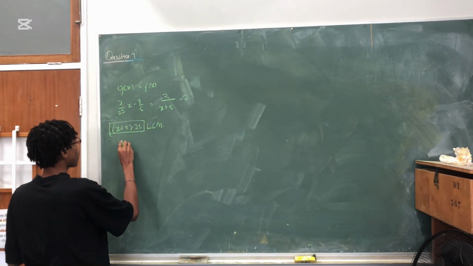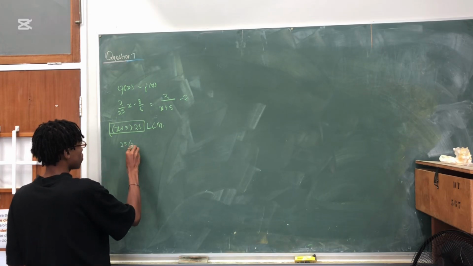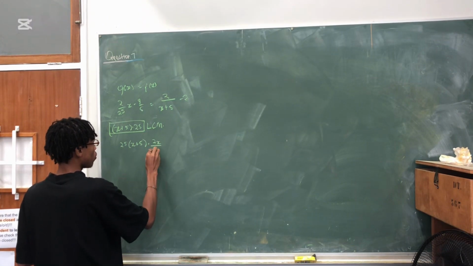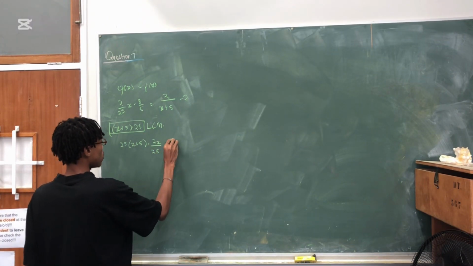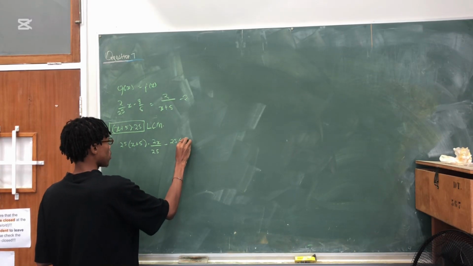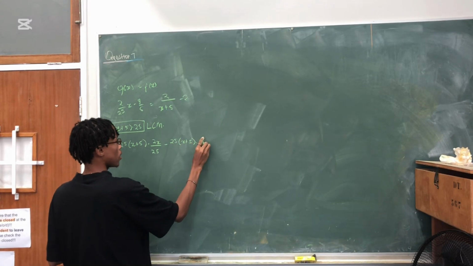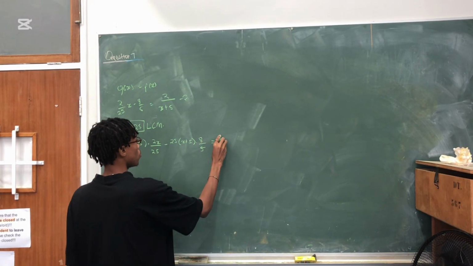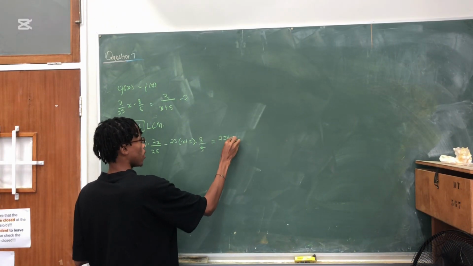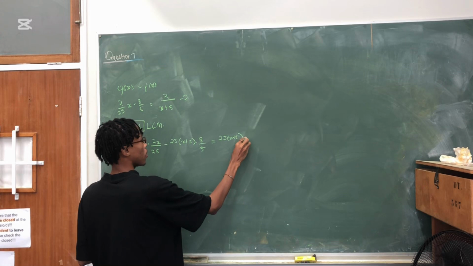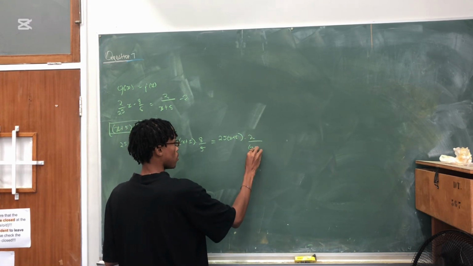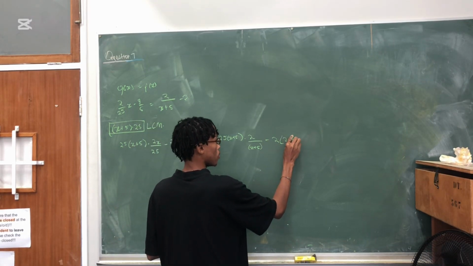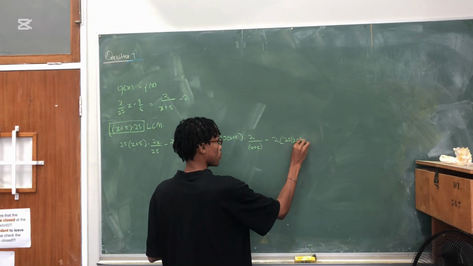So we have 25 times x plus 5 multiplied by 2x over 25 minus 25 times x plus 5 multiplied by -8 over 5 is equal to 25 times x plus 5 multiplied by 2 over x plus 5 minus 2 multiplied by 25 times x plus 5.